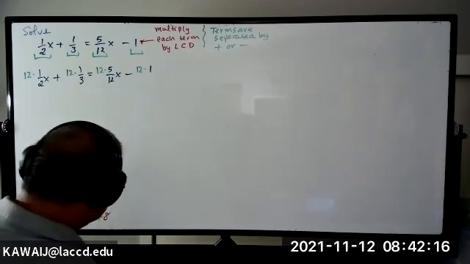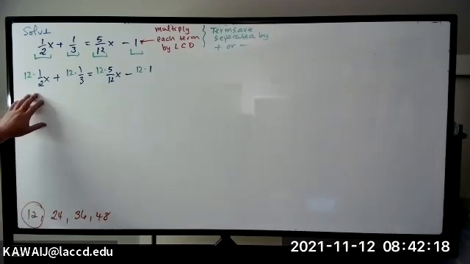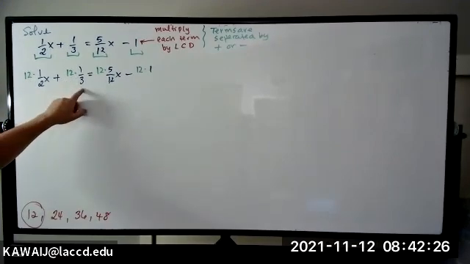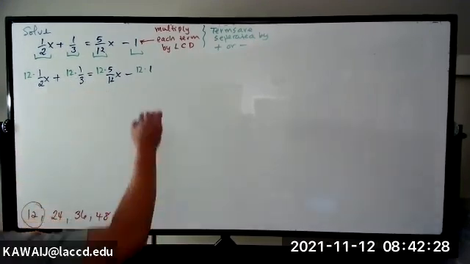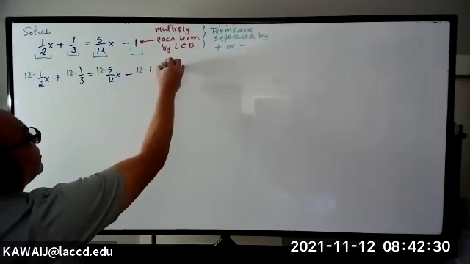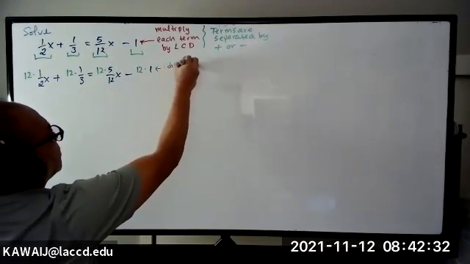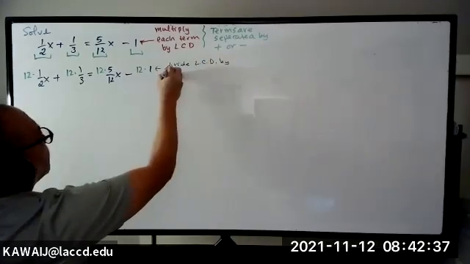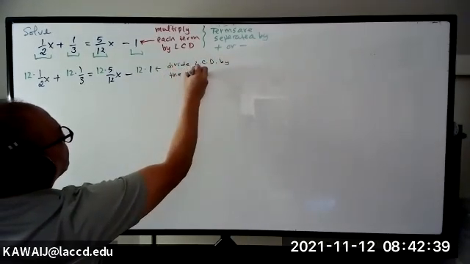Now, what we want to do over here is we want to divide the lowest common denominator by the denominator. 12 divided by 2, 12 divided by 3, 12 divided by 12. Okay, so let me write that down. Divide the lowest common denominator by the denominator.